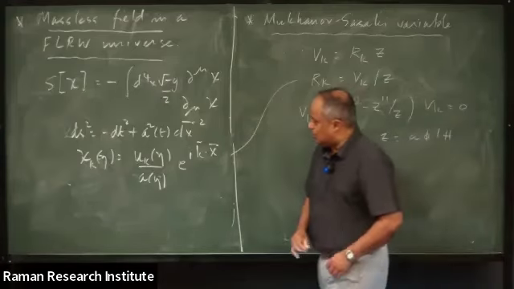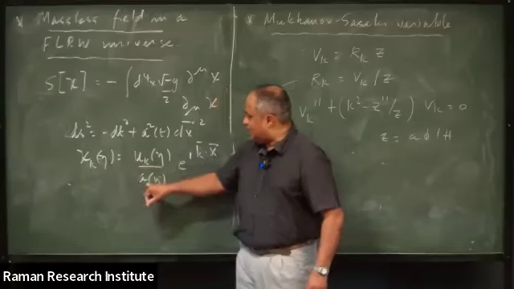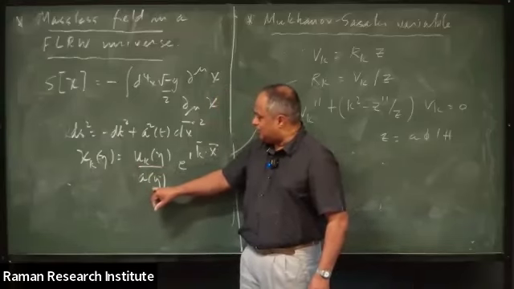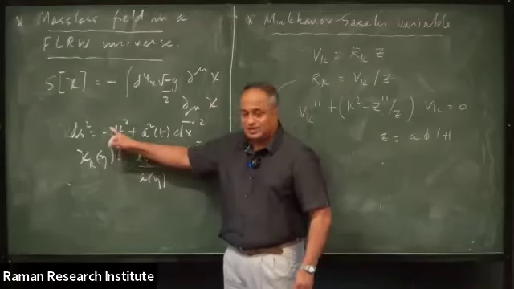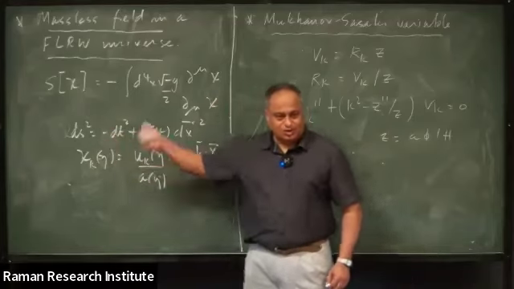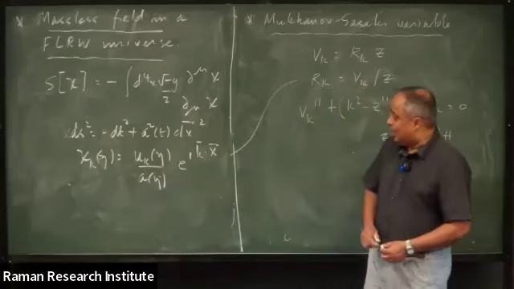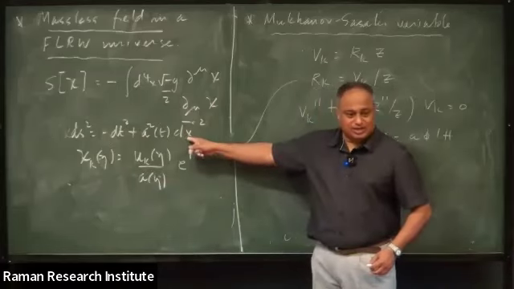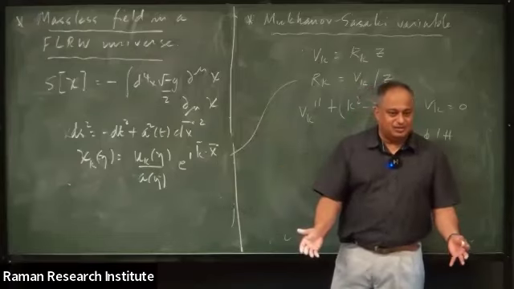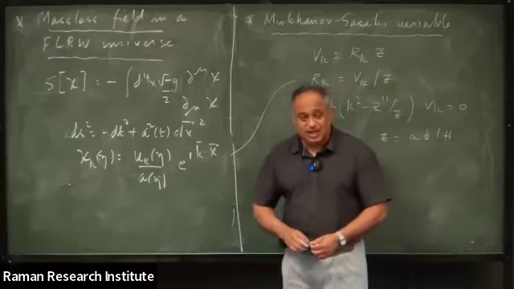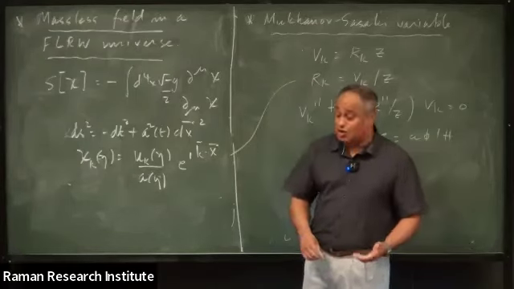Notice I have written chi k as uk by a of eta. I presume you recognize eta as my conformal time coordinate, which means I can pull out a square of eta and write this. Do this exercise if you're not familiar with it. Since the background is homogeneous and isotropic, the modes can be decomposed as e power ik dot x. Is that clear? So do you know what's the equation of motion for chi k, or rather uk?